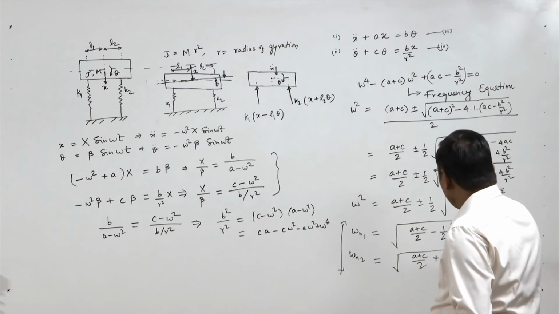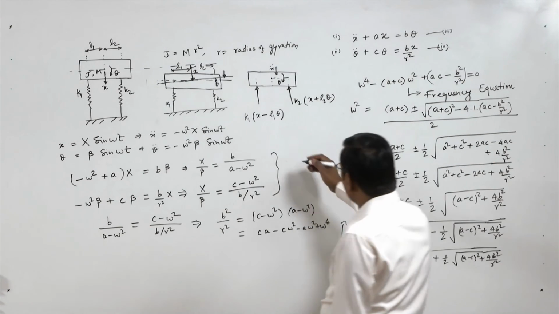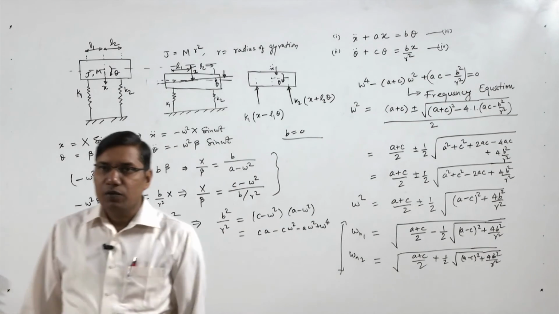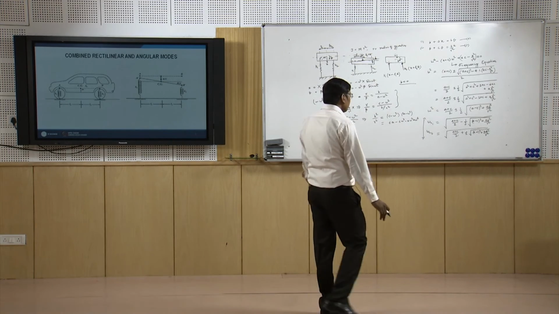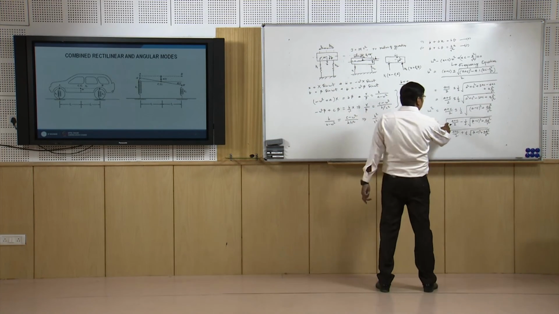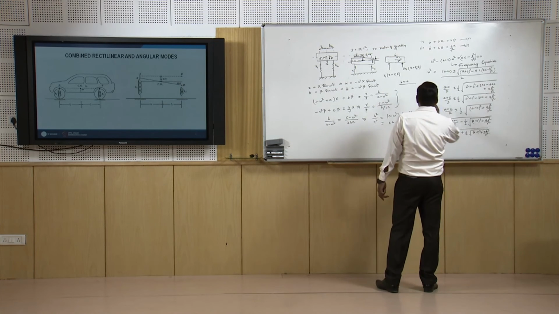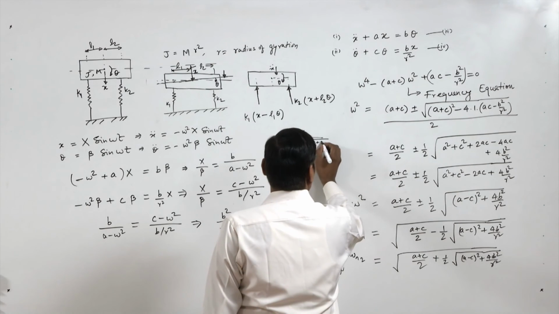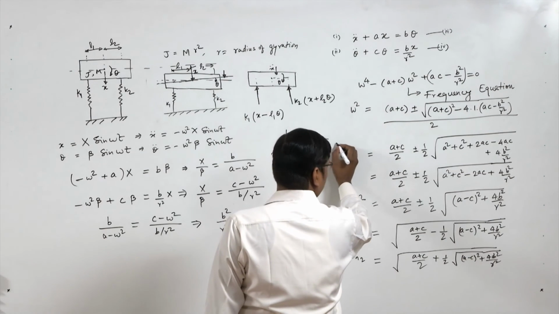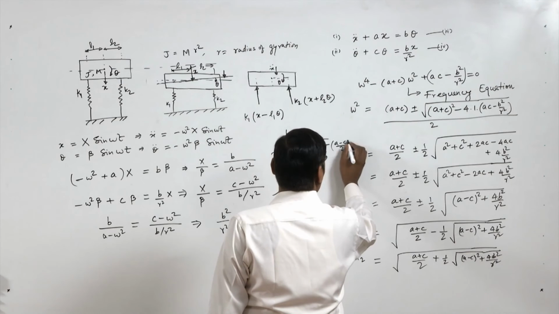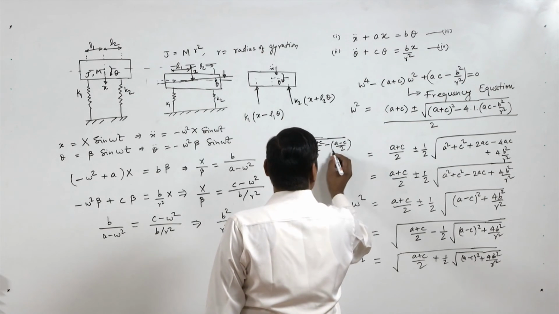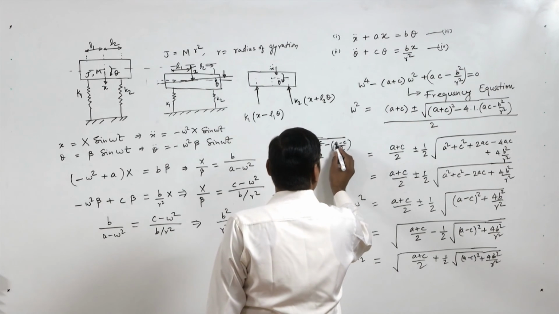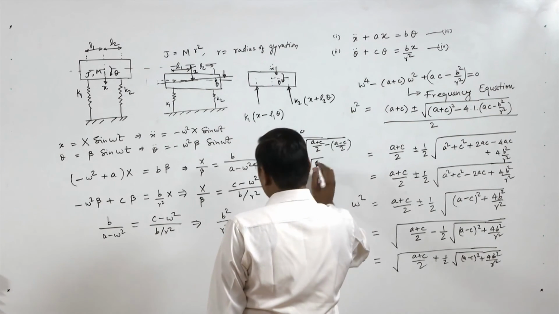Of course, if we put b equal to 0, the system is uncoupled. When b is 0, we will get omega n1 as under root a plus c by 2 minus a minus c by 2, and that is nothing but under root c.